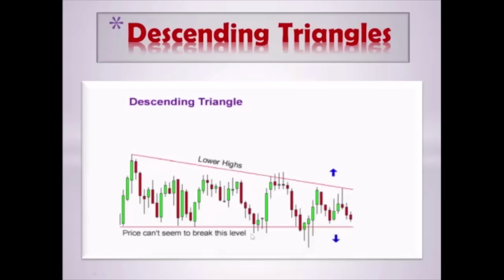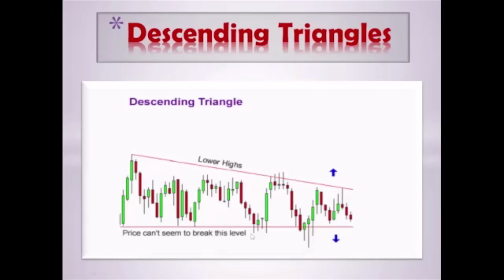However, in some cases the support line is too strong, and the price will bounce off it and make a strong move upward. The good news is that we don't care whether or where the price goes. We just know that it's about to go somewhere.